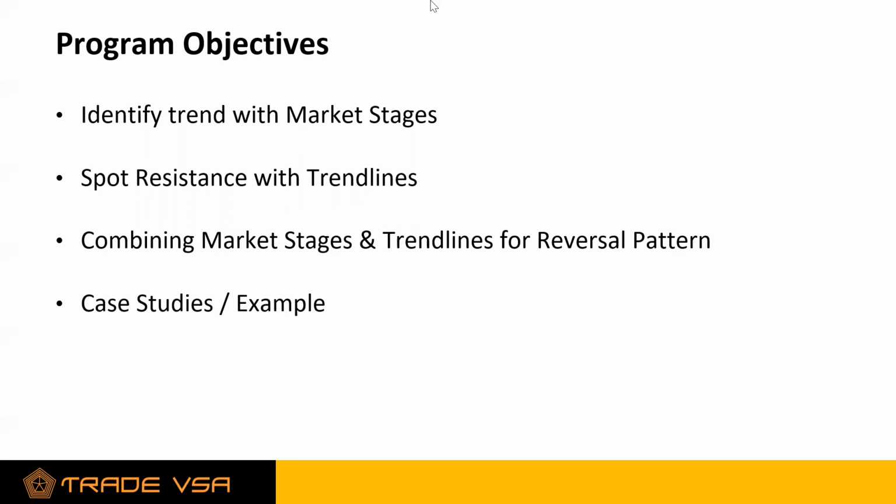That's why we are not using the trend line for our main entry and exit. As I said in my first few slides on Friday, this method is not for you to enter or exit, but to identify the setups. We use this trend line just to monitor two things: where is the main support and where is the main resistance. By combining these two, we can use it for our reversal setups.